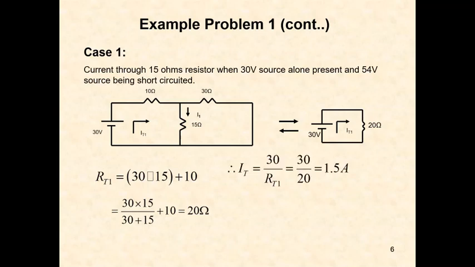Now the total current IT is equal to 30 by 20, that is 1.5 amps.